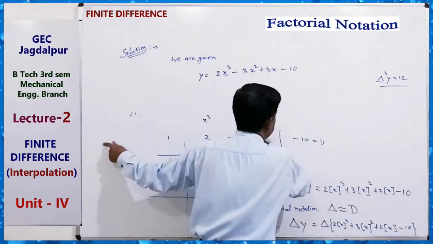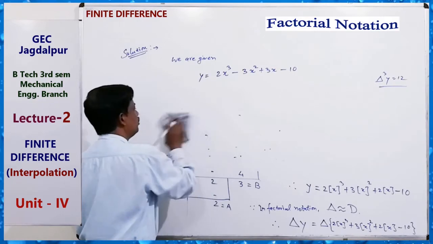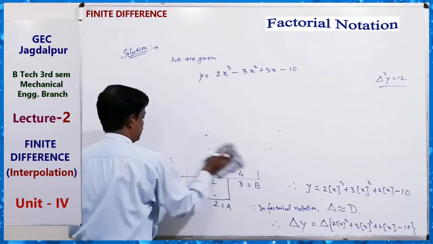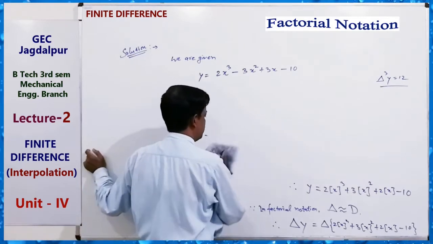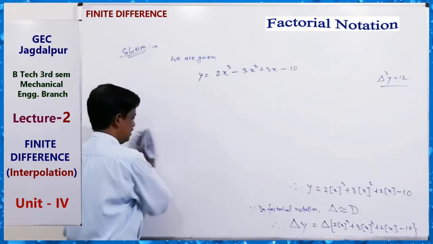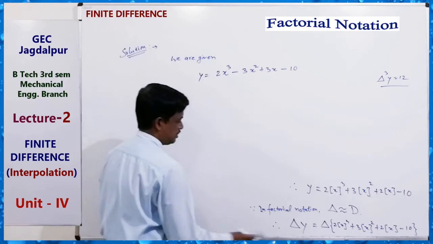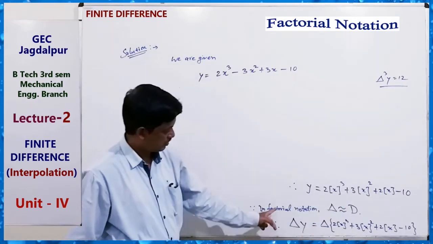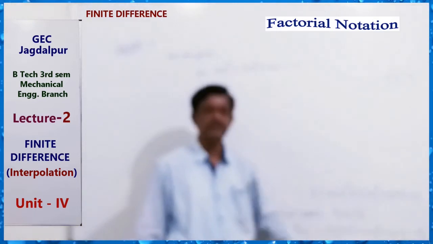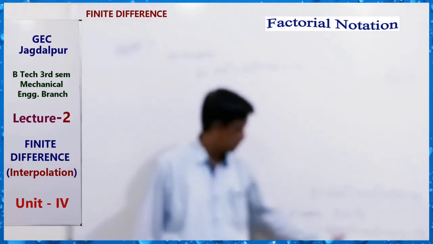Now for finding del q y, we can just differentiate it 3 times. You can solve it. Very simple. Okay. So first time, just differentiate it, because in factorial notation del is equivalent to d, the differentiation operator. So just differentiate it.